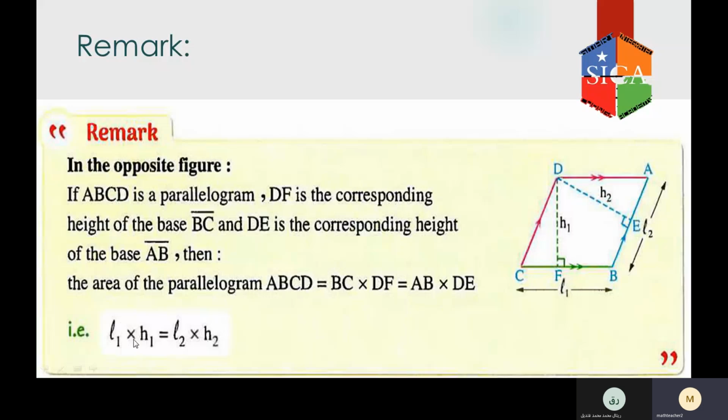If we need to know H2, it will be L1 times H1 over L2, which is the area of the parallelogram divided by the base. If we need to get the base, we divide the area of the parallelogram by the corresponding height. Let's see some examples.